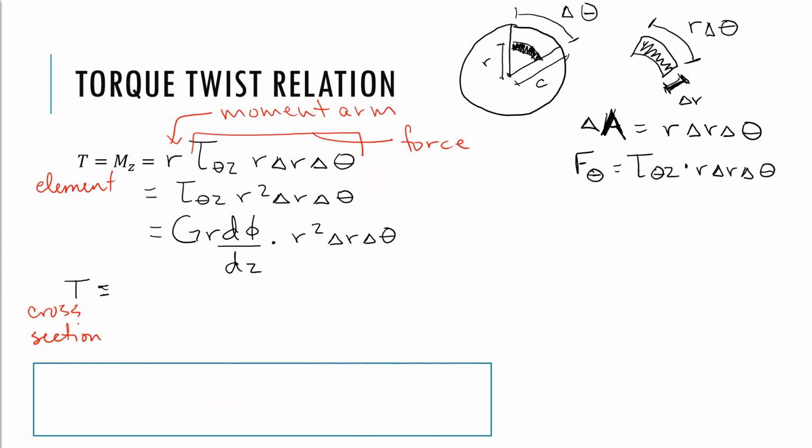So this torque is going to be equal to the integral. I'm going to integrate from 0 to 2π, so that's my integration with respect to theta. I'm going to integrate with respect to r from 0 to c. And I'm integrating this equation, G r dφ/dz times r squared Δr Δθ.